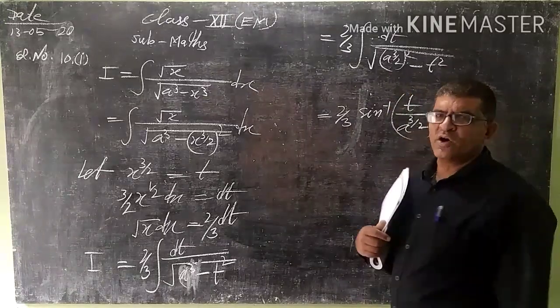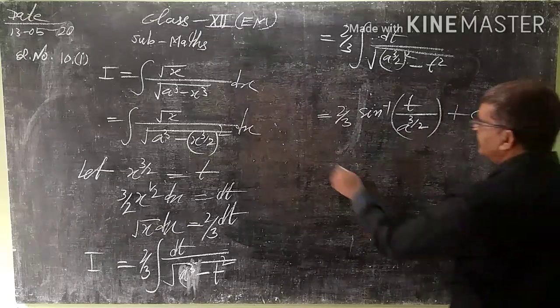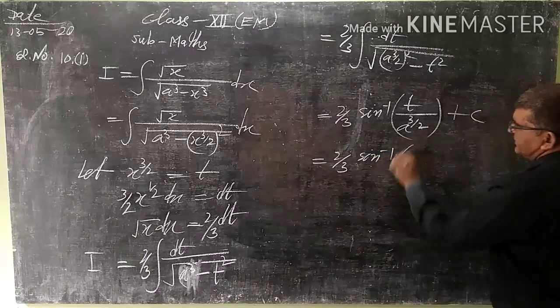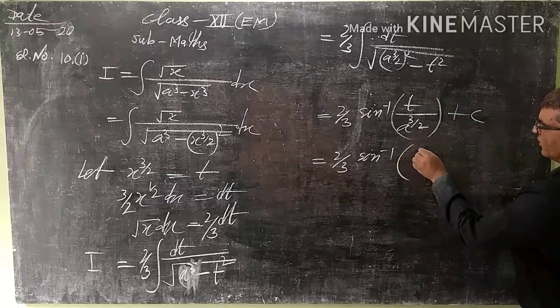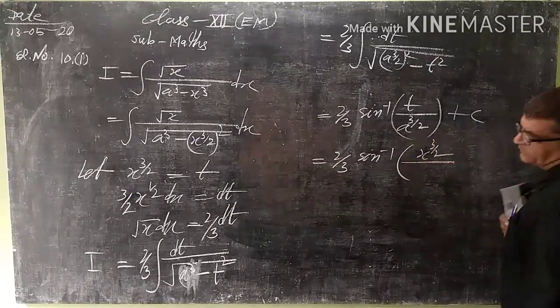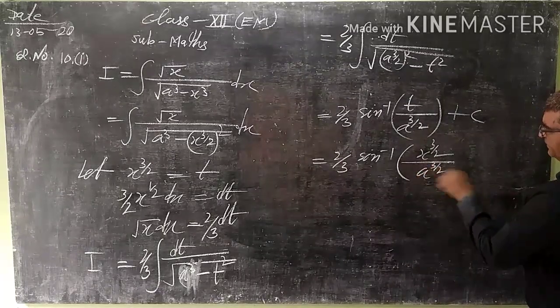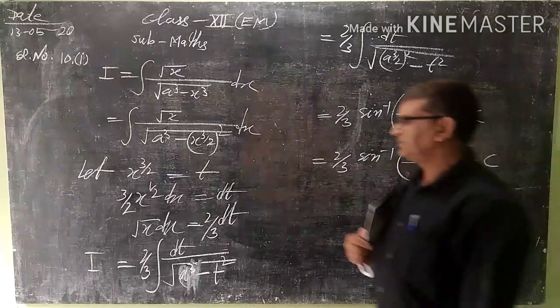Now putting the value of t, we find that 2 upon 3 sine inverse power of x 3 by 2 upon power of a 3 by 2 plus c.